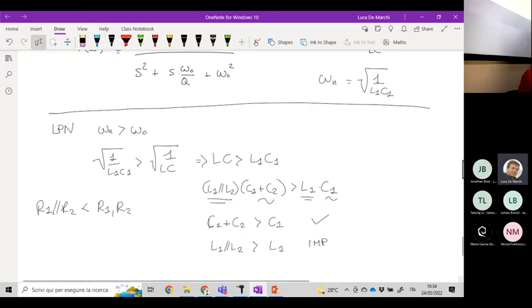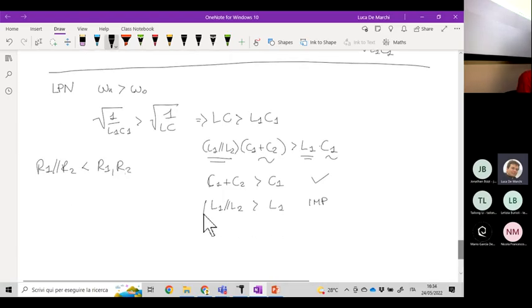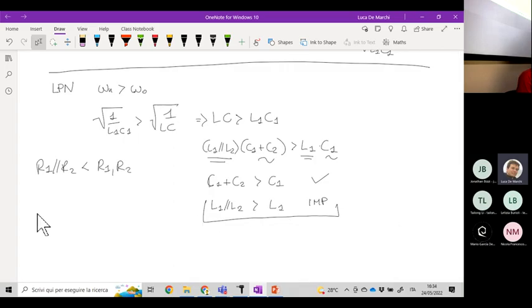So how can we cope with this problem? Well, we can zero L2.